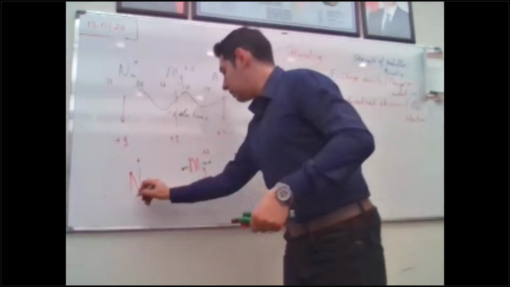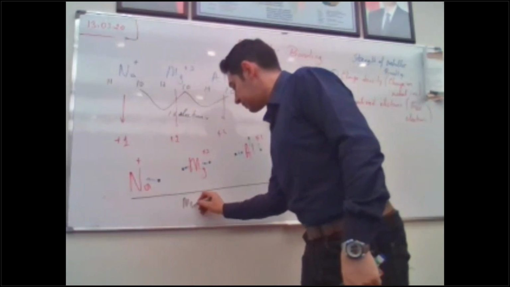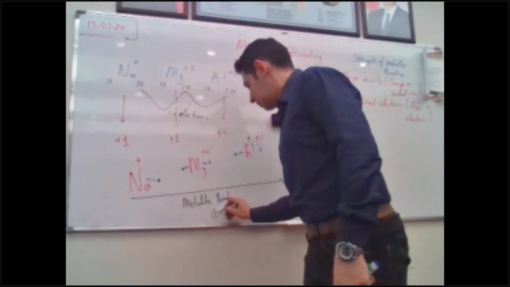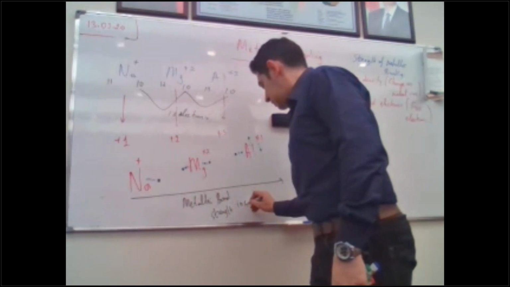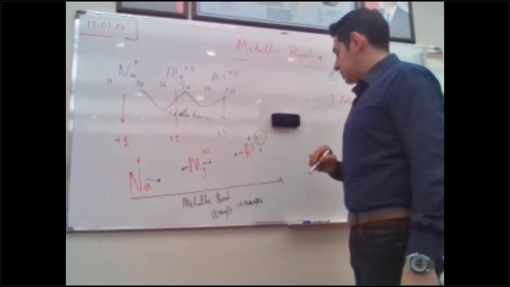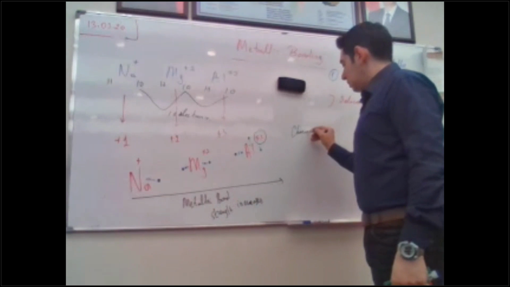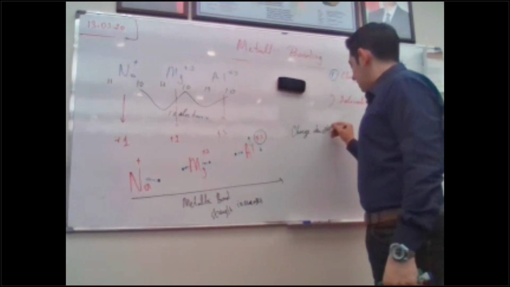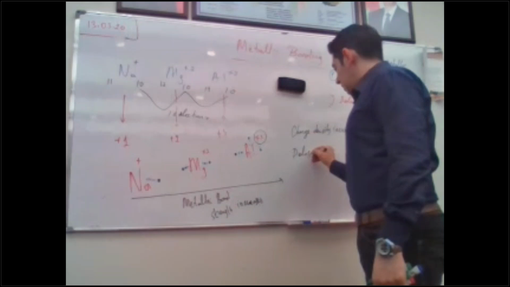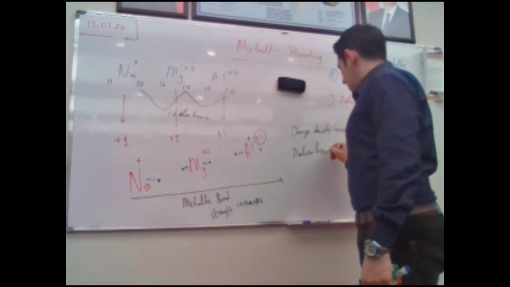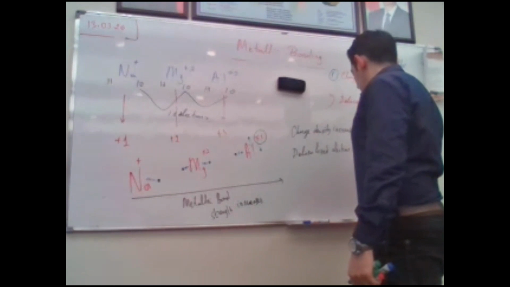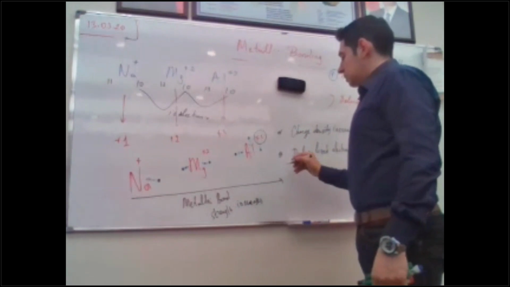If you compare them, metallic bond strength increases. Why does it increase? Because the charge density, or charge on the metal ion, increases, and the number of delocalized electrons increases.